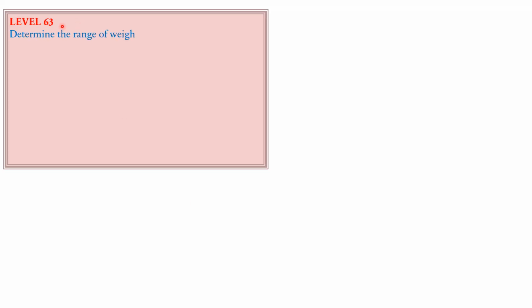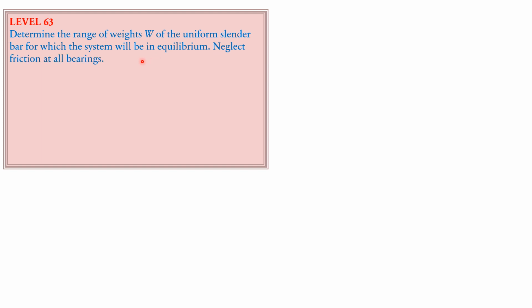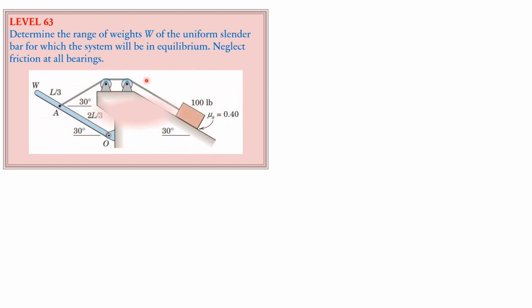Problem 63: determine the range of weights W of the uniform slender bar for which the system will be in equilibrium. Neglect friction at all bearings. So here is the given figure, and let's have the solution. For the free body diagram, let's have the weight which acts at the center of this bar.